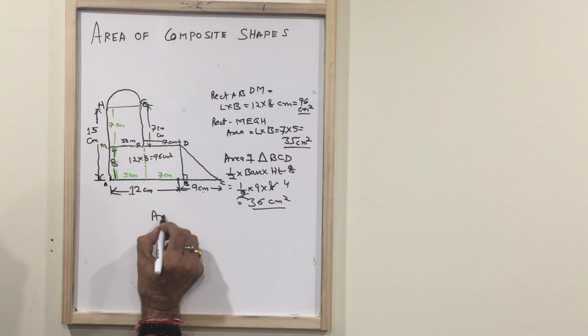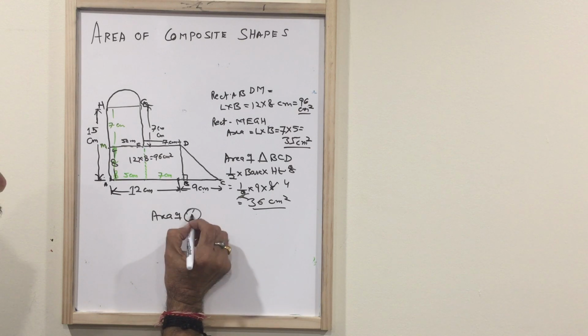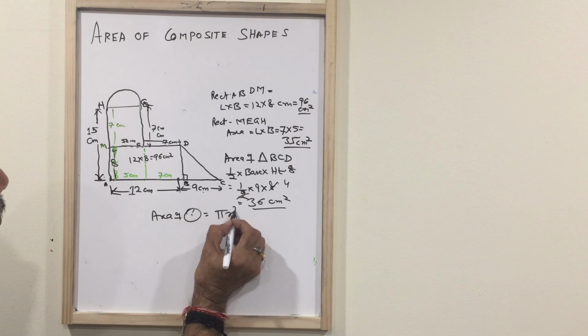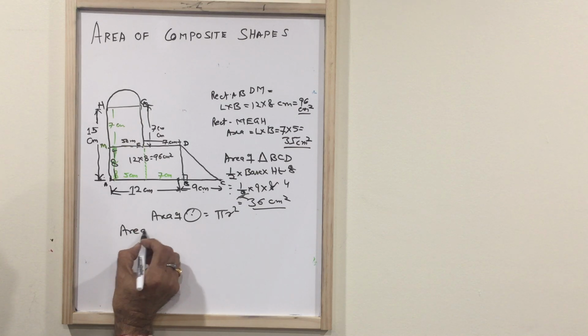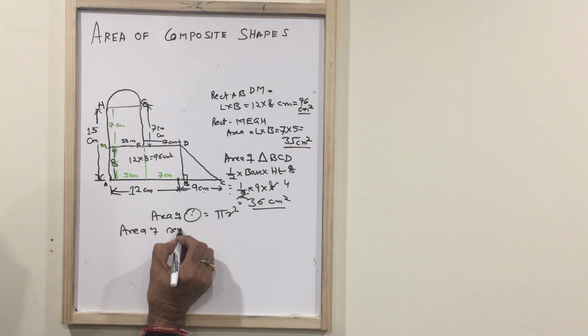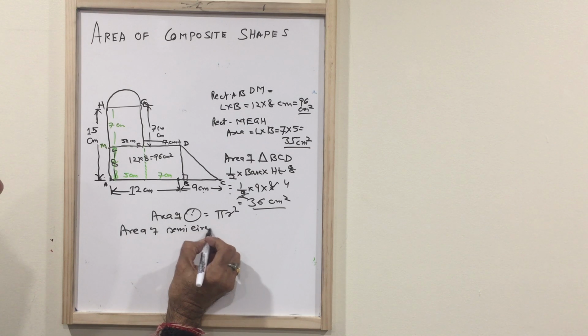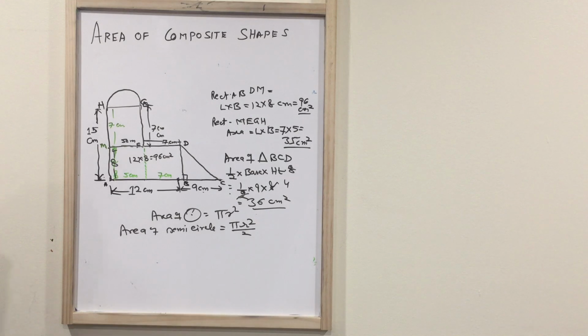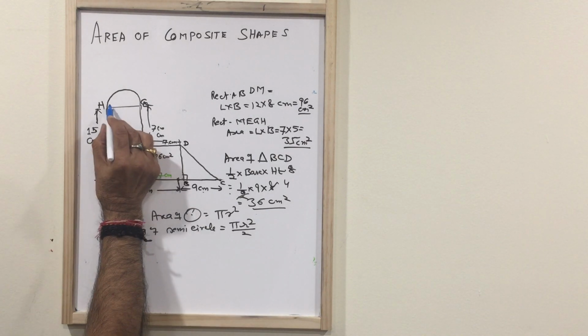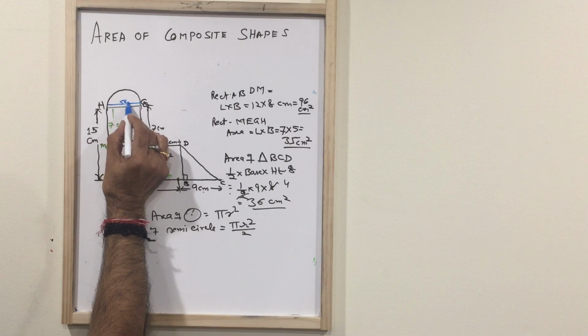We know the area of a circle is equal to pi r square, and area of semicircle or half circle is equal to pi r square by 2. In this figure, we know this distance is 5 centimeter.